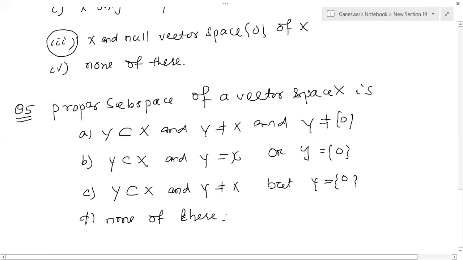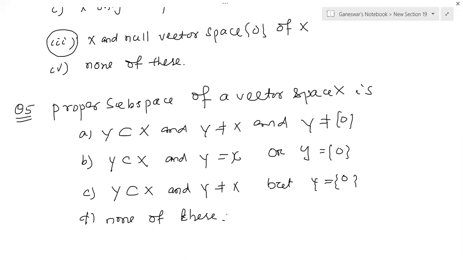First check the definition of the proper subspace of a vector space X. The proper subspace is saying that Y is a subset of X, Y is not equal to X, but Y equal to 0.